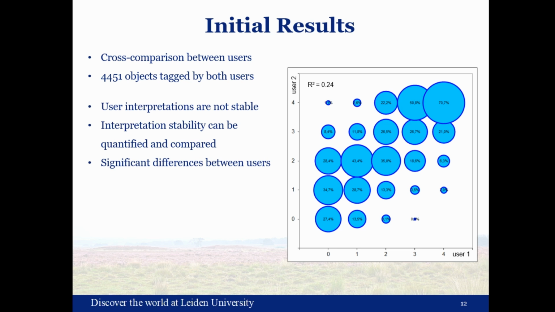So what we can see here as initial results is that user interpretations are not stable, but that users' interpretation stability can be quantified and compared. And we can also see that there are significant differences between users. So when working with large remote sensing datasets, this already shows us that it would be desirable to have multiple users going through the data in multiple iterations.